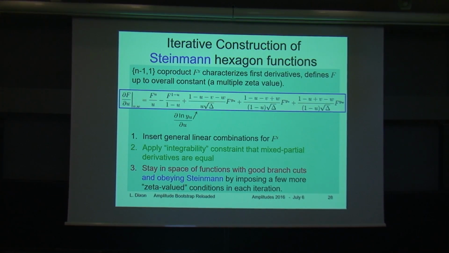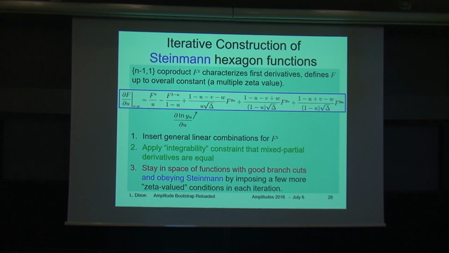You can figure out what is the most general set of Steinmann hexagon functions at a given weight, if you know them at weight n-1, by inserting the general linear combinations for the weight n-1 functions that appear here. Then you just make sure that the mixed partial derivatives are equal, which is called an integrability constraint, but it's of course not the same as quantum integrability.